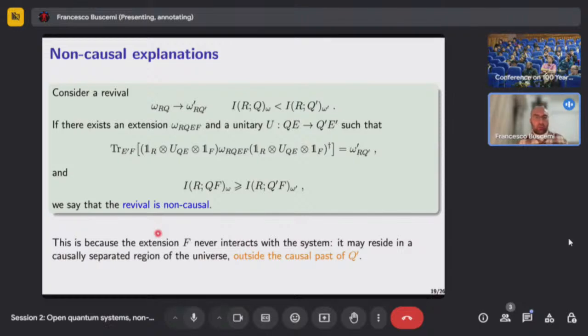And why non-causal? Because, as I said before, the extension F that you use to explain the revival, so this part of the universe that you bring together with Q to explain the revival that you are observing, never interacts with the system. And it may reside in a causally separated region of the universe outside the causal past of the system.